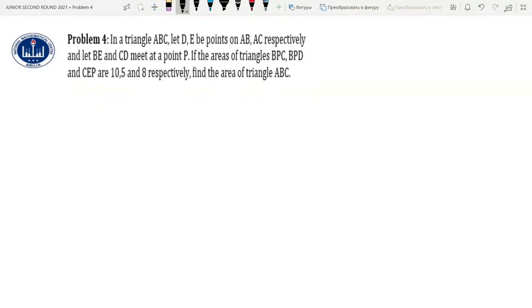In a triangle ABC, I'll just be sketching the diagram. We have B and E as points on AB, as this.